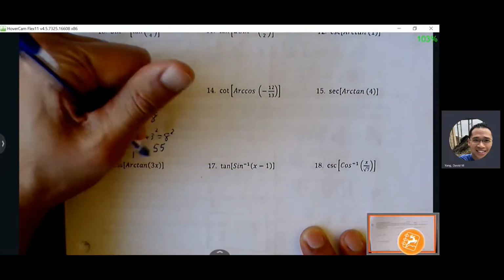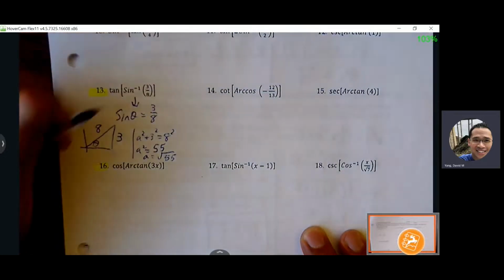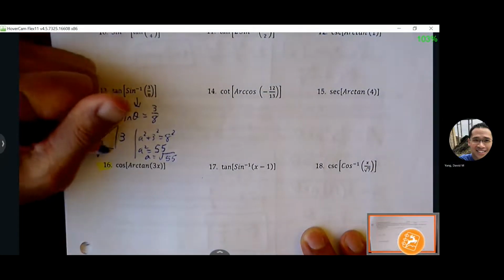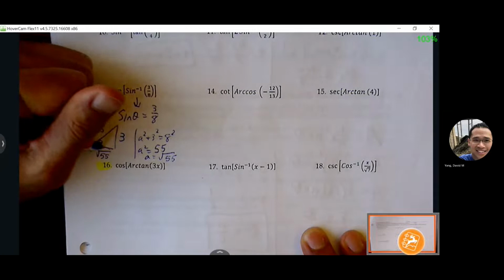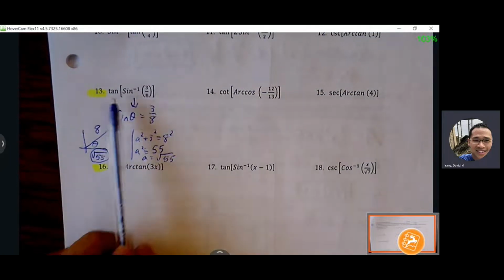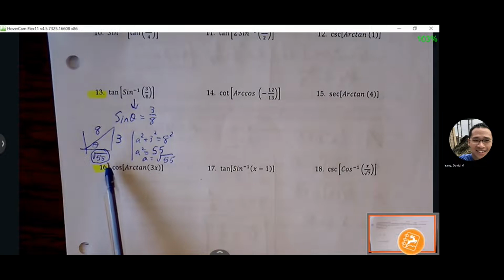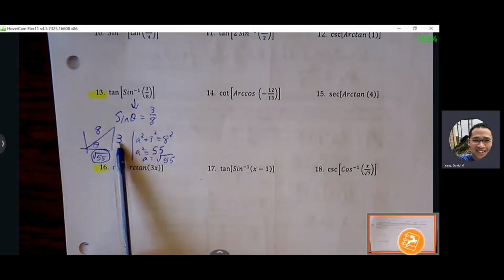Not going to come out to be a perfect square, so just leave it as the square root, √55. Now we have the triangle in front of us, so we can make the decision. What is tangent of theta going to be? 3 over √55, yeah.